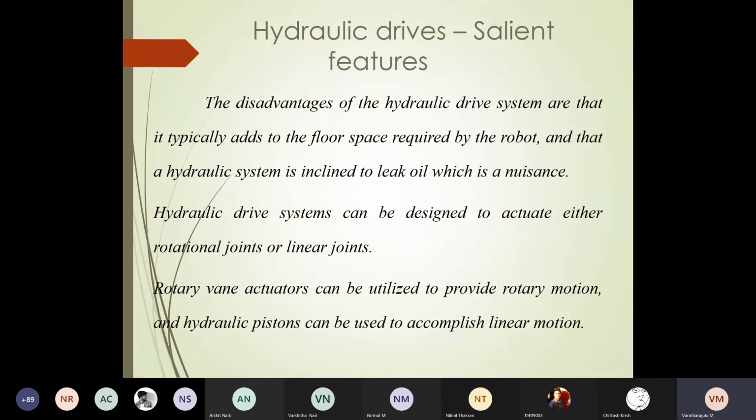Anyway, we will discuss it. I think you all have already come across the subject fluid mechanics. Anyone, please remind us of the Pascal law and Bernoulli's equation. Please unmute your mic.